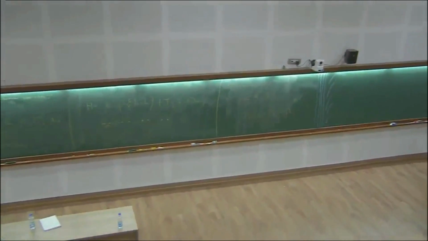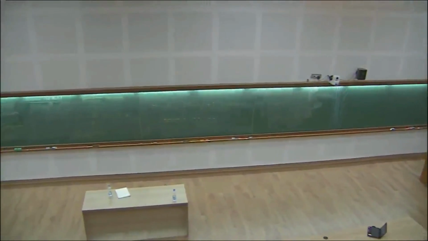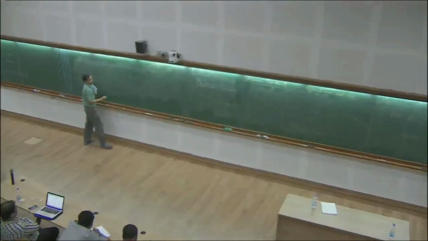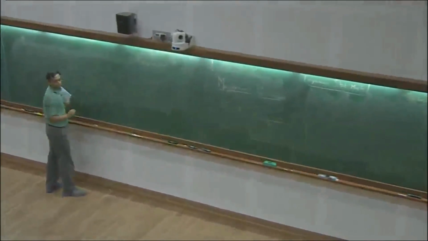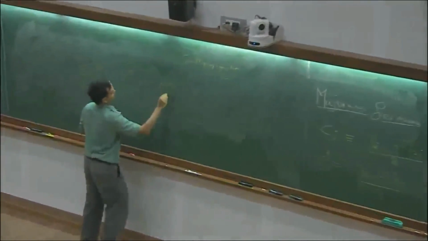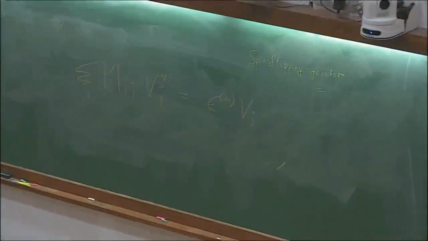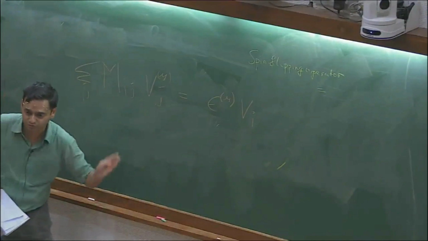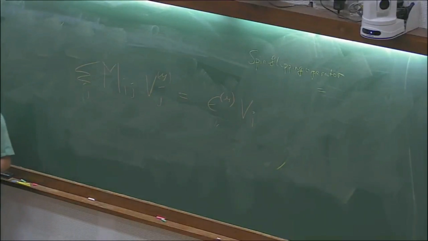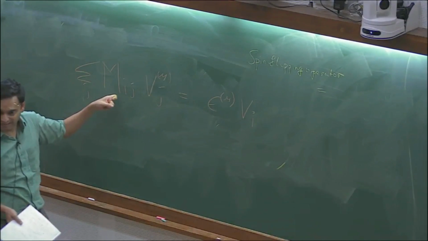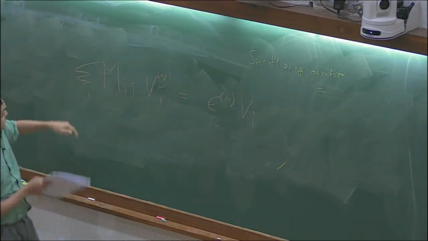So let's write down the Schrodinger equation for M ij, for that tight binding one. I have sum over j of M ij V j equal to some mu-th eigenvalue, epsilon mu V i. That's the Schrodinger equation for the eigenvectors and eigenvalues of this tight binding model. Notice that if I take the complex conjugate of this whole thing, this has an i in it.